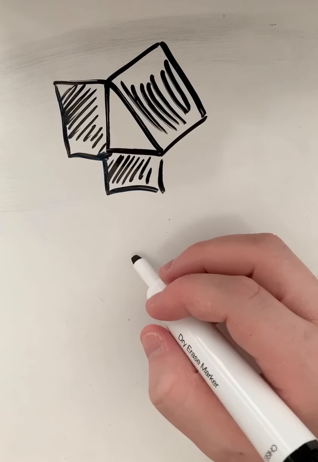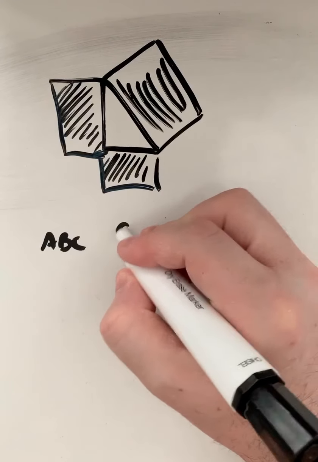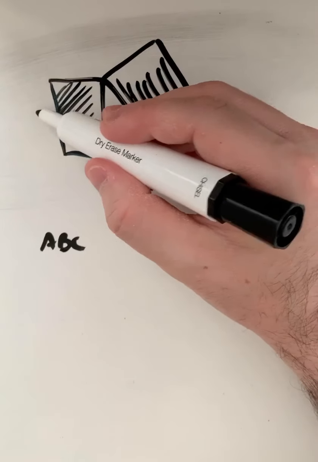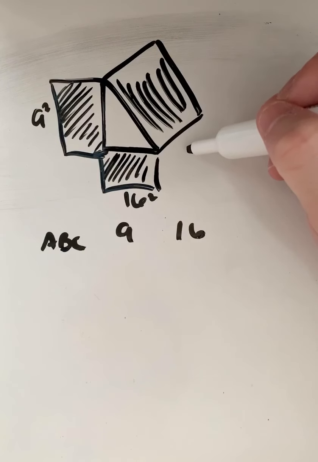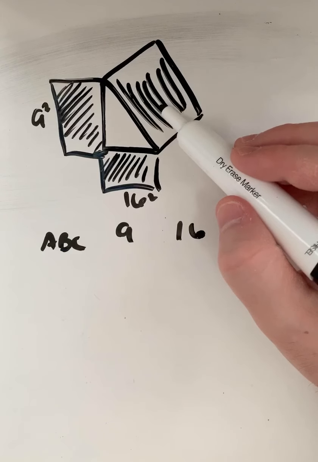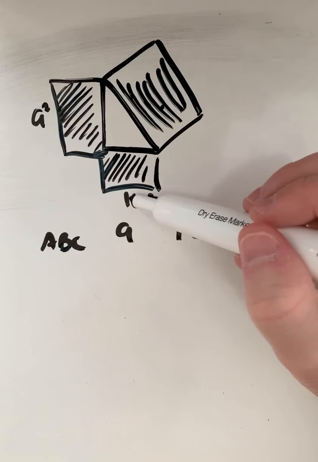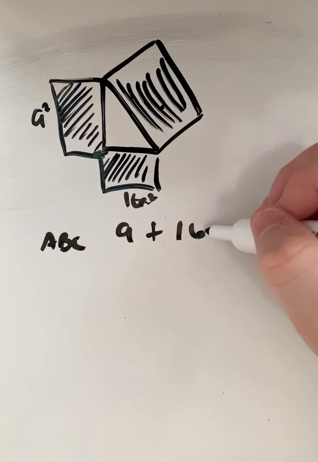A lot of people were doing this ABC question. You were given 9 and 16. This 9 represented 9 squared, and this represented 16 squared. A lot of you did the formula where you did 9 squared plus 16 squared, but all you had to do was add up these numbers.